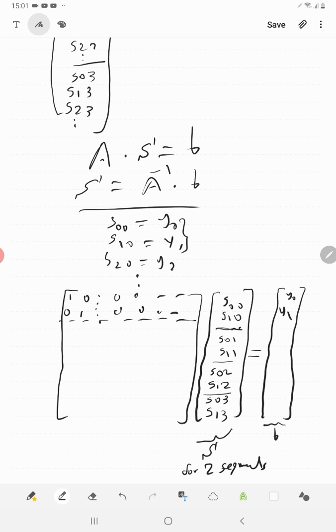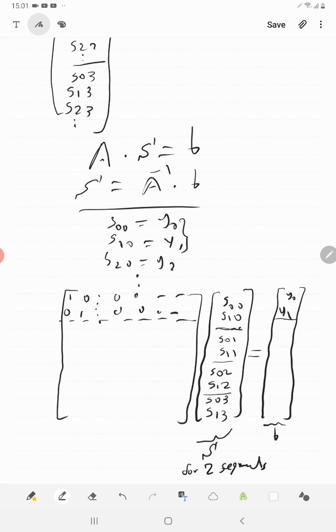Okay, so we have an identity matrix 2 by 2 for the first one. So this belongs to the start of the segments. Now this one is for the end of the segments. This is for the first.